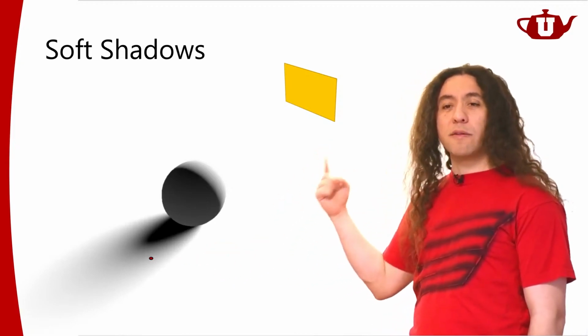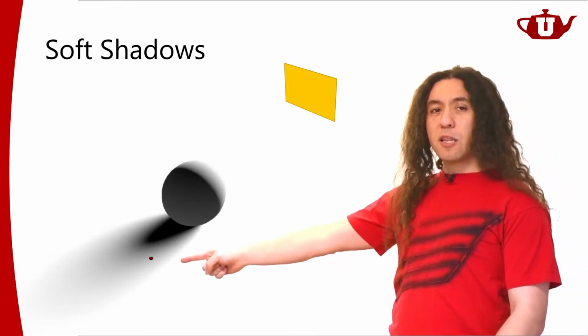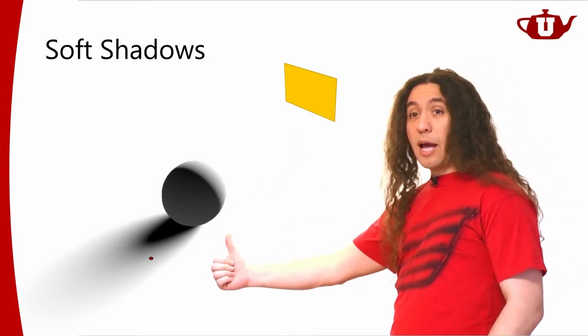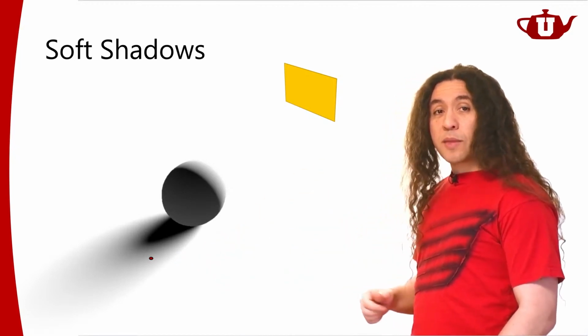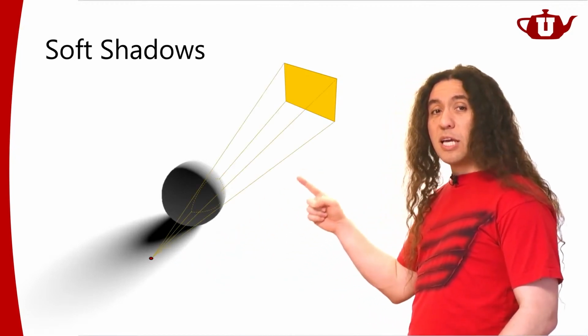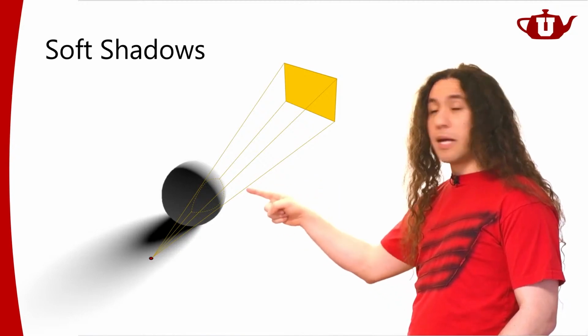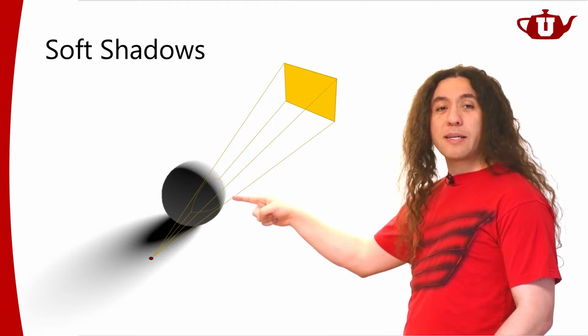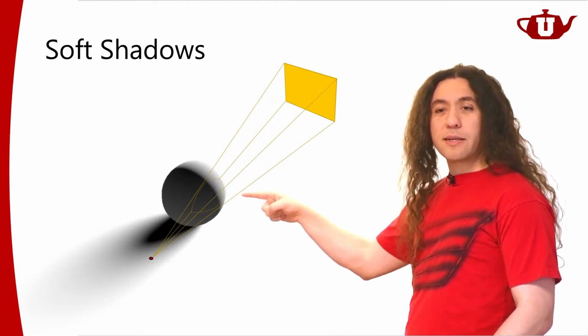It's not seeing all of the light source, because if I take a look at the light source from this point, if I just go to this point and look at the light source, then I am going to see that, oh, there's this thing in between. It's blocking some of the light coming from the light source.